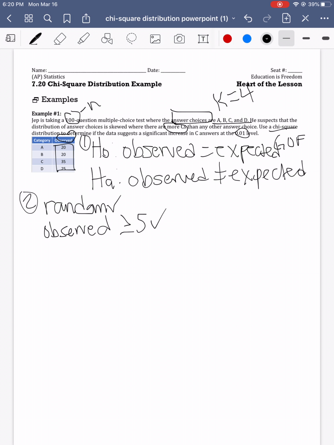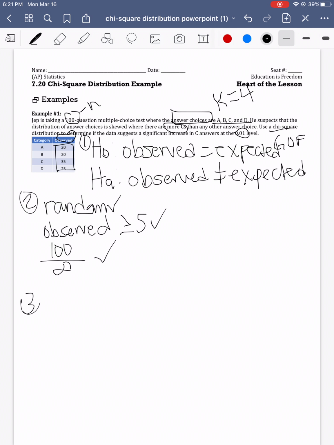All of them are larger than 20. So we're good there. That's our normal condition. And then lastly, independence. We have our sample size over the population. So that's supposed to be infinity. So if our n value here is 100, and let's say that there are infinite multiple choice answers, then that's just going to say, yes, we are independent. So we're good to go there.